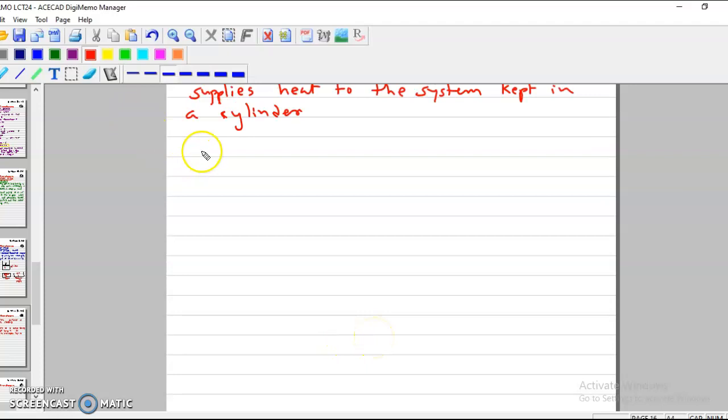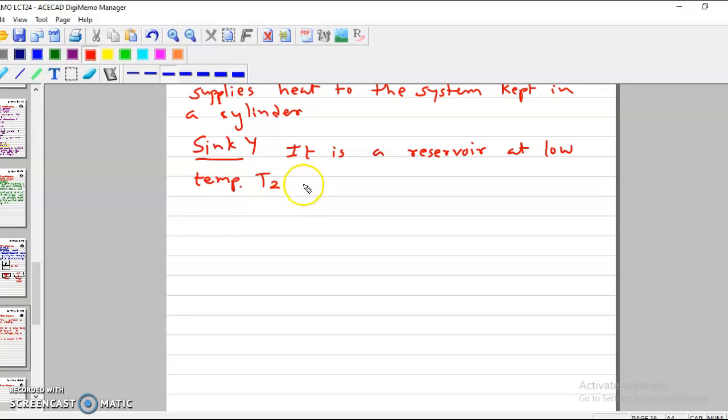Now sink Y. It is a reservoir at low temperature T2, which can absorb heat from the cylinder.